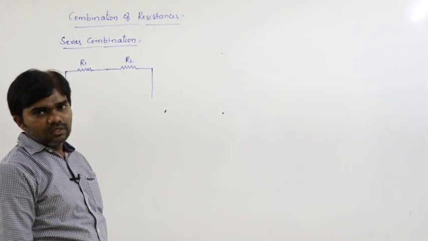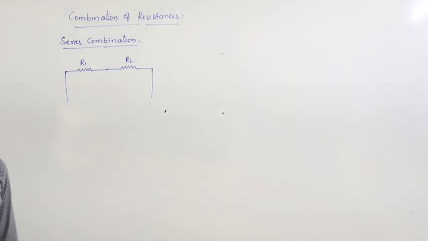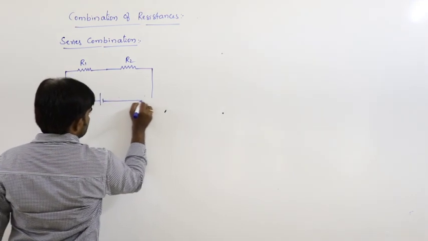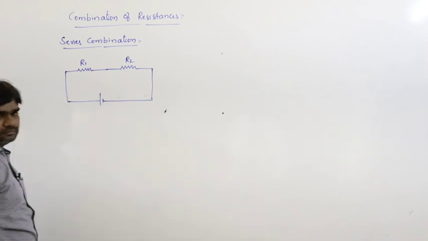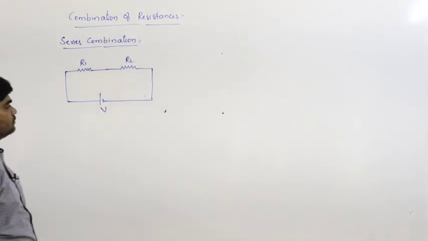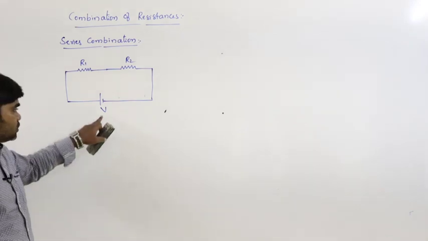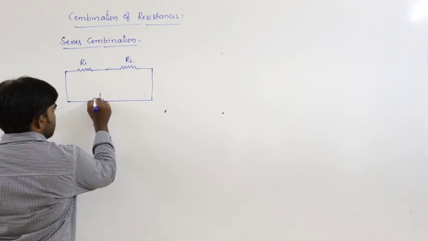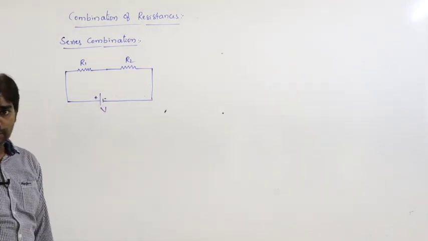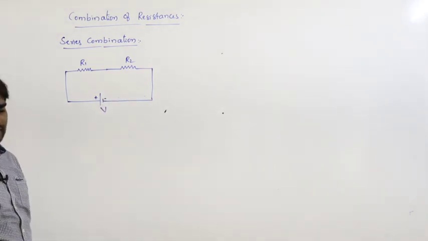To calculate the effective resistance, let us consider this circuit, let us say it is a battery of potential V, battery whose potential is V. This is the positive terminal and negative terminal of the battery.